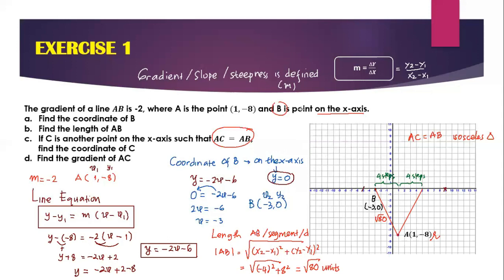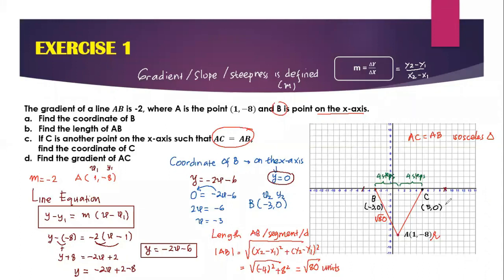So what about the coordinate of C? This is the coordinate of C, right? This one is C right here. Okay, what is the coordinate of C? 5, 0. Clear to you, everyone? Yes, sir. Very easy, right?